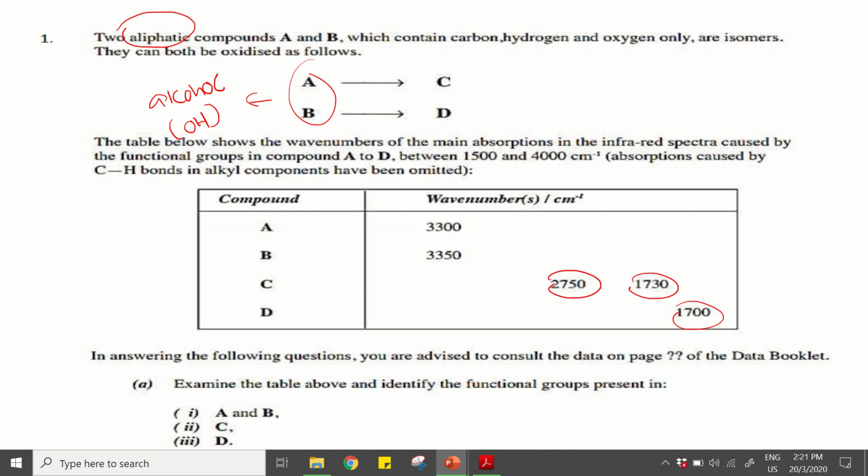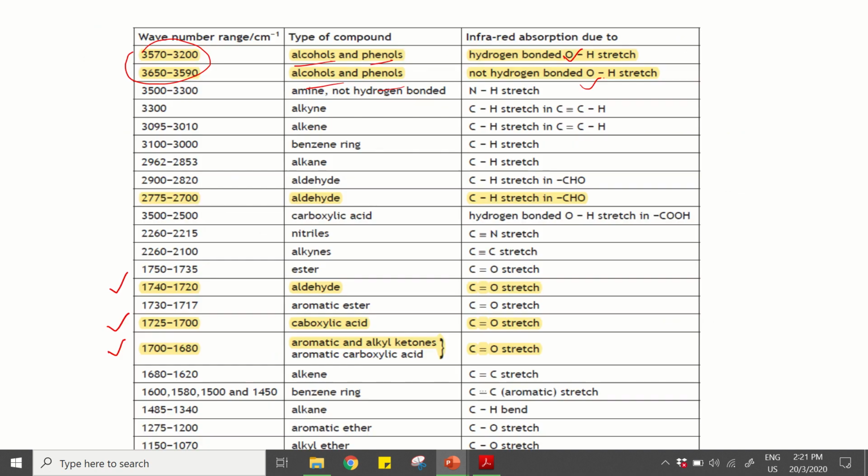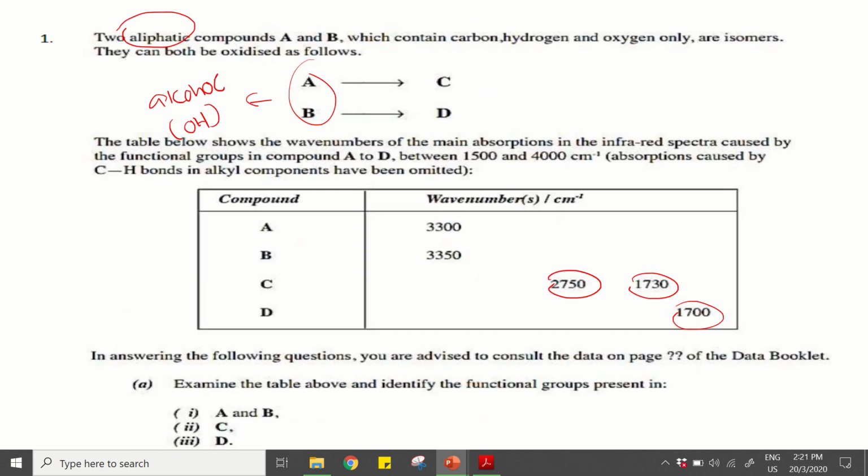And then what about the 2,750? I will assume that it is this. All right, so this is due to the CH of the CHO stretch of aldehydes. So the one with the 2,750, which is compound C here, is due to an aldehyde.